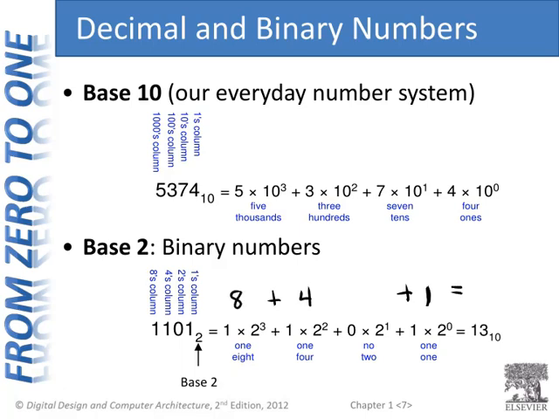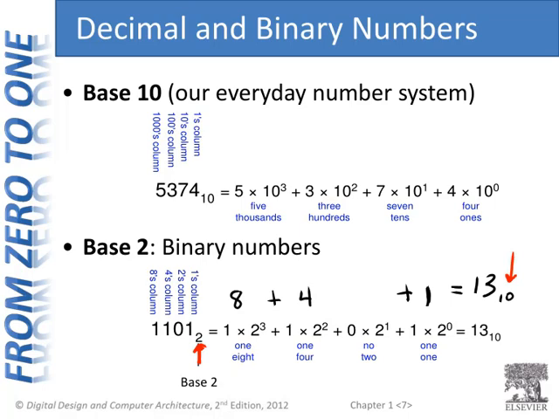And we get our value: 8 plus 4, 12, plus 1, 13, base 10. And we can put that subscript to let us know what base we're dealing with. So this is 13 base 10. And again, here we have this base 2 indicating that this is not 1101 base 10, it is in fact 1101 base 2.